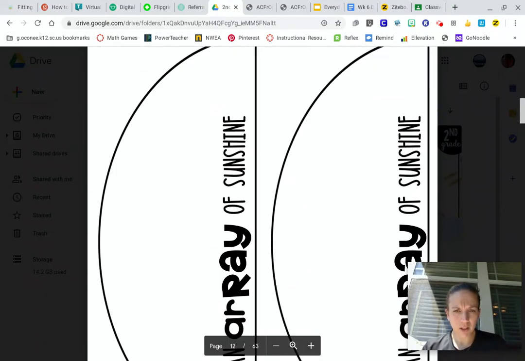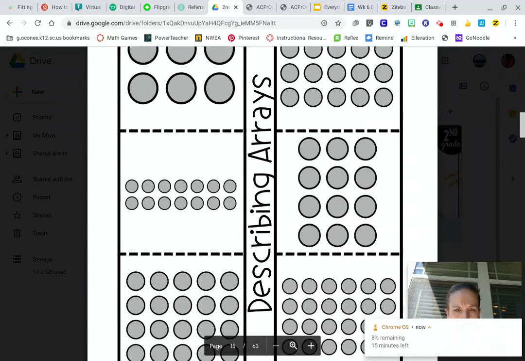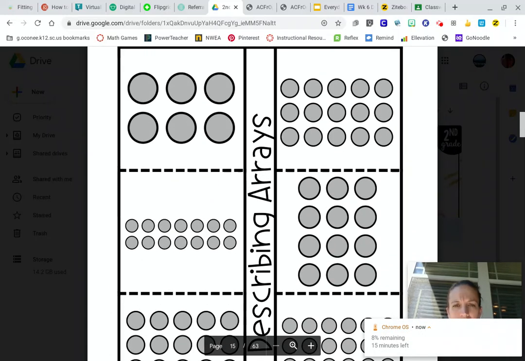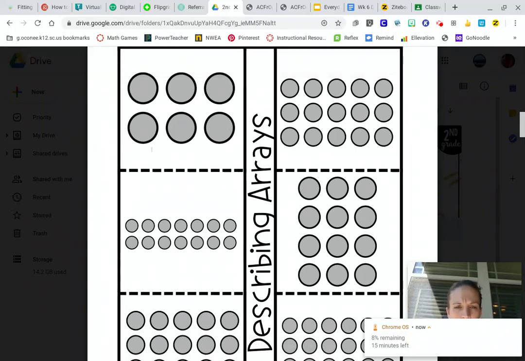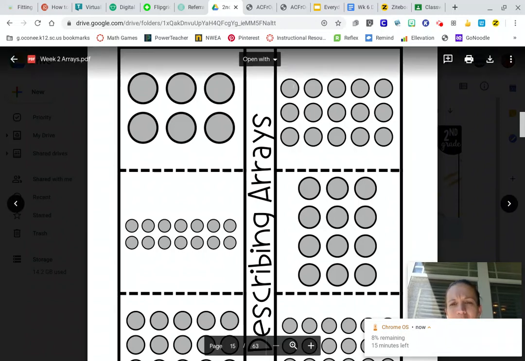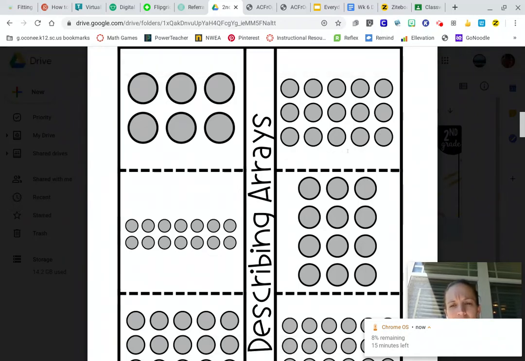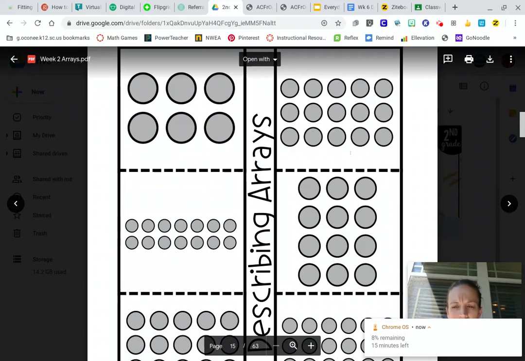Let me show you this sheet. This is the one you'll have to do with repeated addition. So like up here, you've got 3 plus 3, which is like one I did. So down below here, you would just write 3 plus 3 equals 6. Here you've got 1, 2, 3, 4, 5. 5 plus 5 plus 5 equals 5, 10, 15. So you would just write it right here, okay?